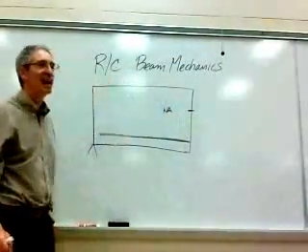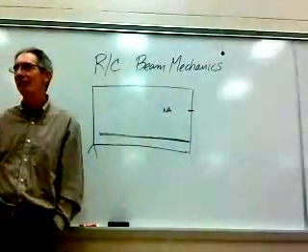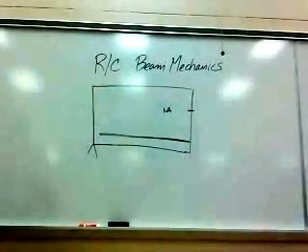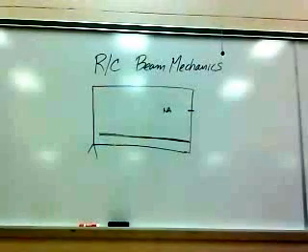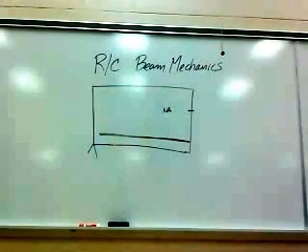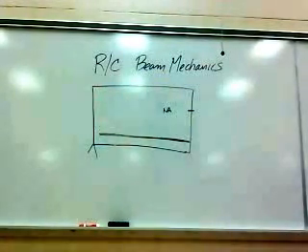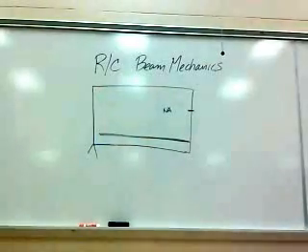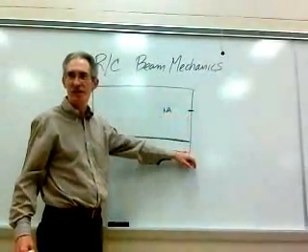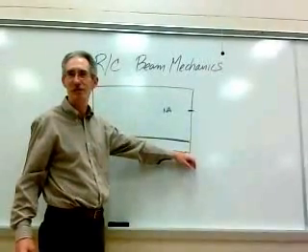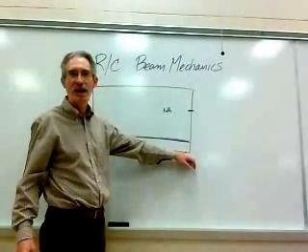Okay? The other thing that makes this different in a reinforced concrete beam is the concrete that's, in this case, below the neutral axis is going to be in what? So it's going to be in tension. The problem is, as soon as concrete comes under any substantial tension, what happens to the concrete? It cracks.